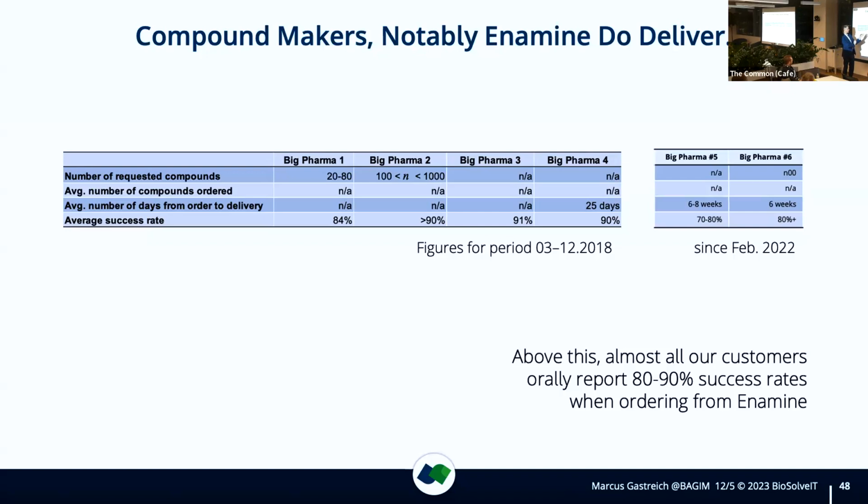But what they report is that the success rate has usually been around 80% or even higher. Since February, when the bombardment started, it has dropped a little bit, but they are still in the range of 70 to 80%, and still in the range of 6, 7, 8 weeks roughly, which I think is really still amazing given the circumstances under which these compounds are currently made in Ukraine.